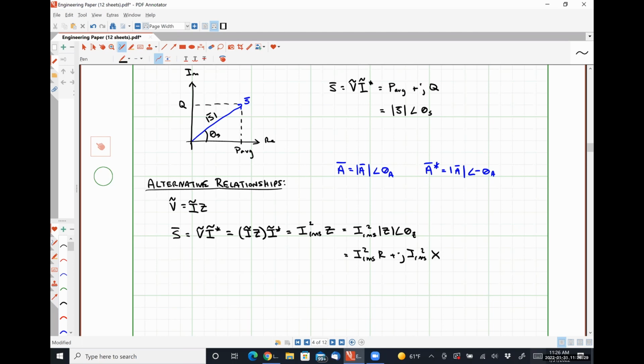So it literally tells me the losses that I have due to the real part, and then the losses that I have due to the imaginary part.